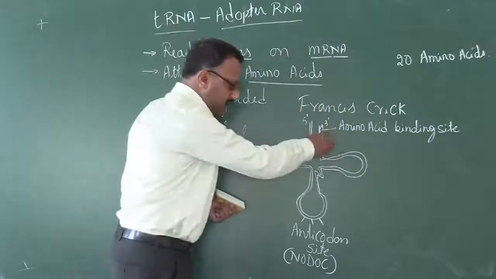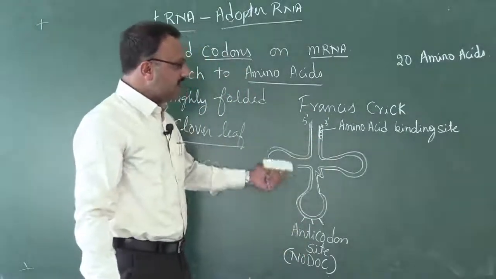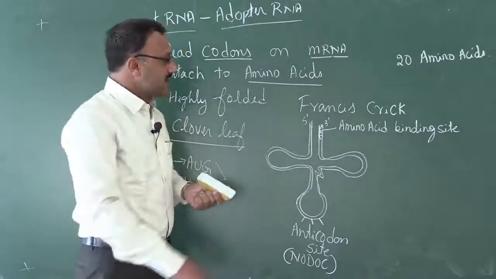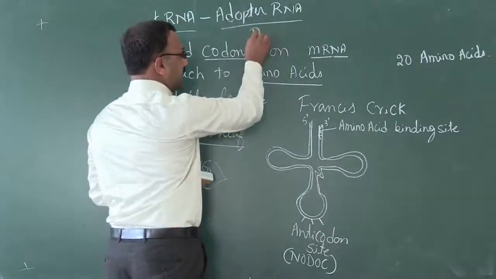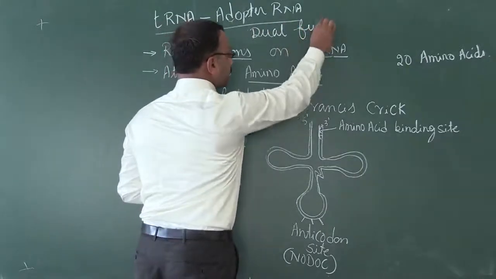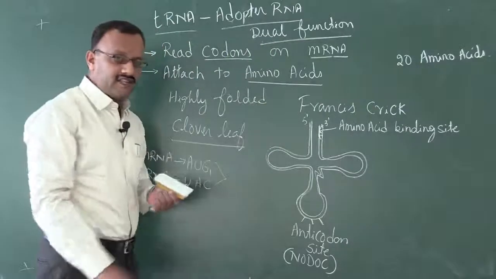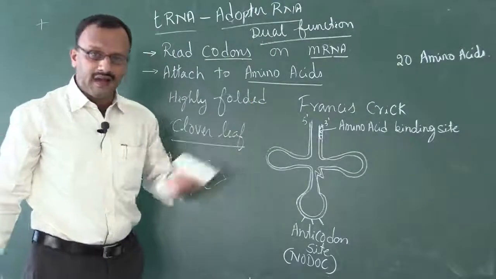For that, the particular code will be present in the form of an anticodon that will read the codes present on mRNA. So there are two functions here, a dual function. One, it reads the codon; the other, it attaches to the amino acid.